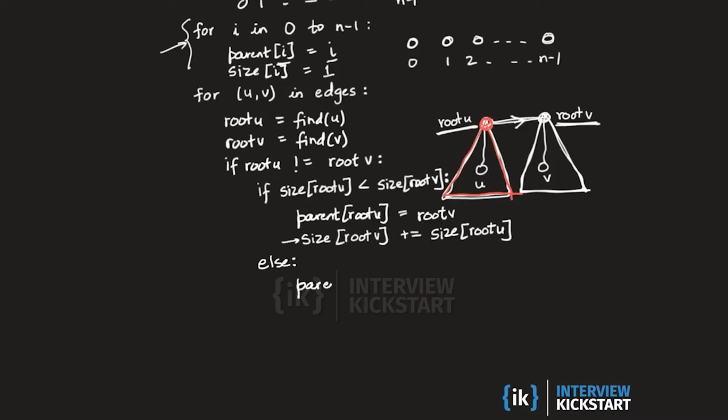So we'll set the parent of root v to be root u, and if that happens, then we basically increase the size of root u by the size of this entire subtree, which is now going to become its child. So we say that the size of root u is now going to go up by an amount that is equal to the size of root v, the newly acquired subtree under it.